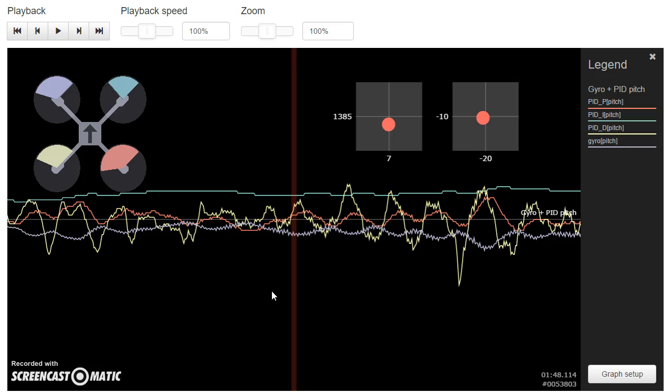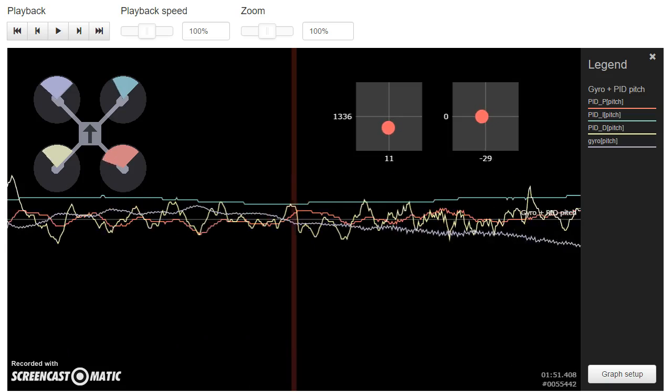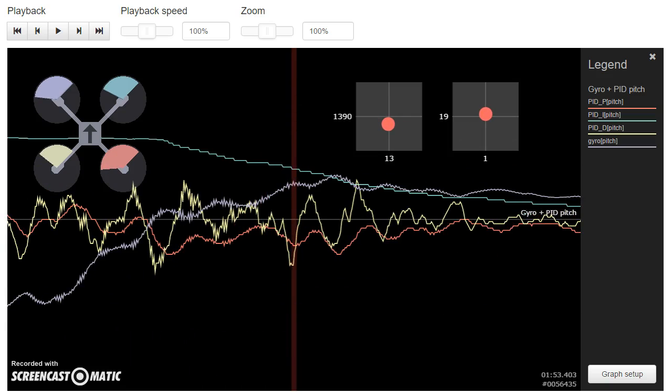But I'm coming to the conclusion that trying to lower D-term cut hertz until you get really smooth D traces filters out necessary frequencies that results in some of those prop wash oscillations we've been talking about, and that actually you shouldn't have a perfectly clean, smooth D-trace, rounding off all the edges. Some of these jaggies maybe are necessary. So I don't think your overall D-term cut hertz looks bad. Your gyro traces are super clean.